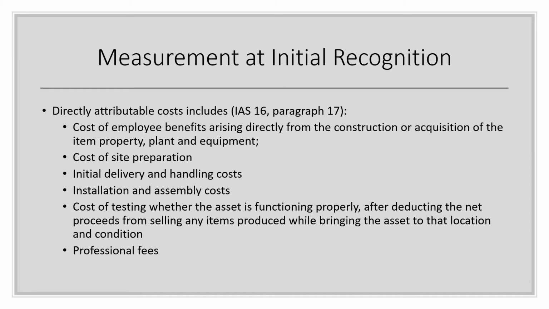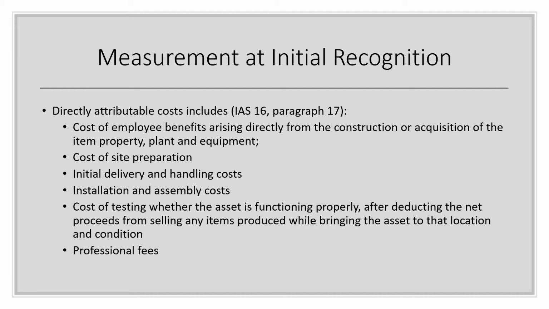Installation and assembly costs. I told you before, there are certain assets that you need to pay installation for so that you can use the asset, especially machines for use in a manufacturing company. Robots, for example, manufacturing robots. Cost of testing whether the asset is functioning properly, if paid by the firm, definitely should be part of the cost of the asset.